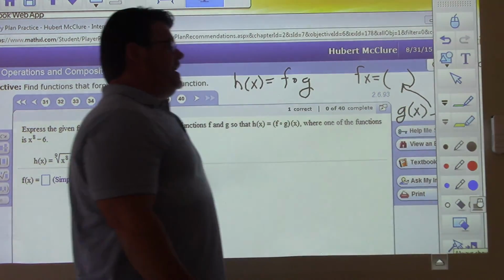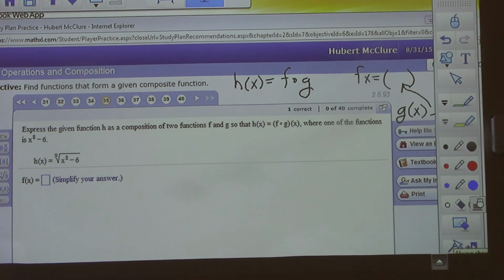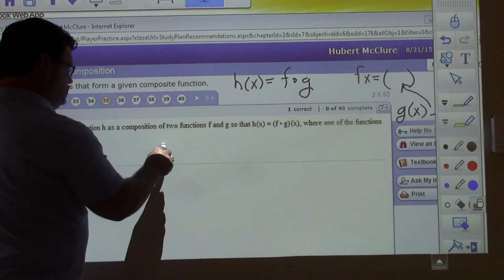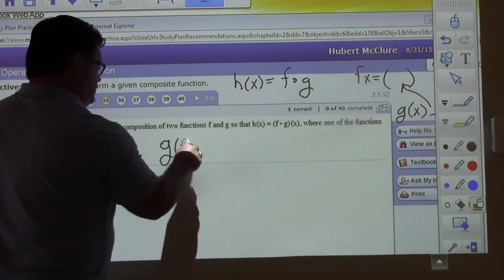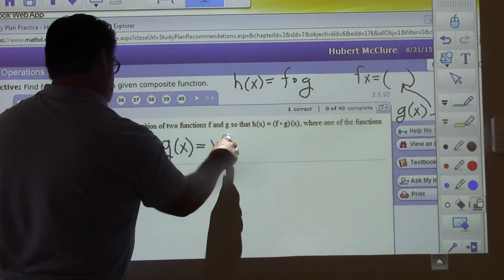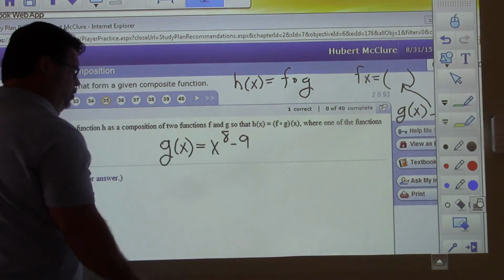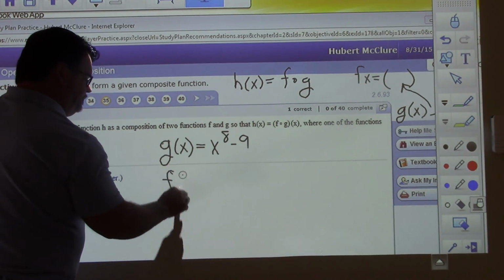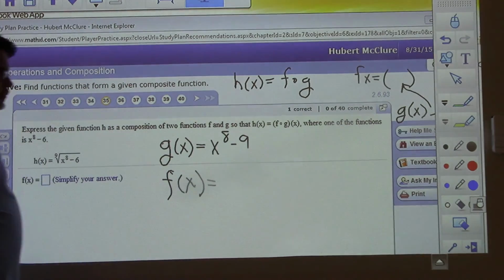It's going to go inside of it, right? So we've got a function here, and something's inside of it. What's inside of it? x to the 8th minus 6. So that is g of x. So what is f of x? The 9th root of x.